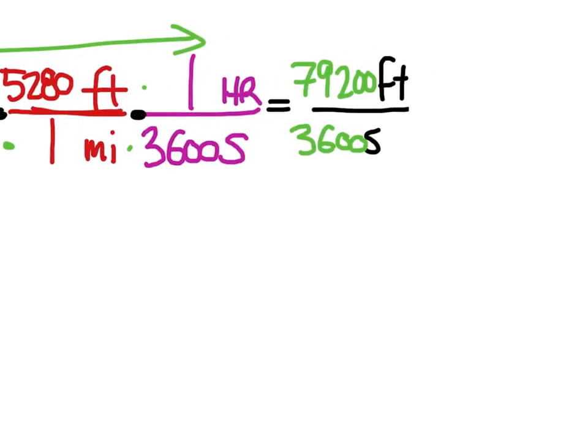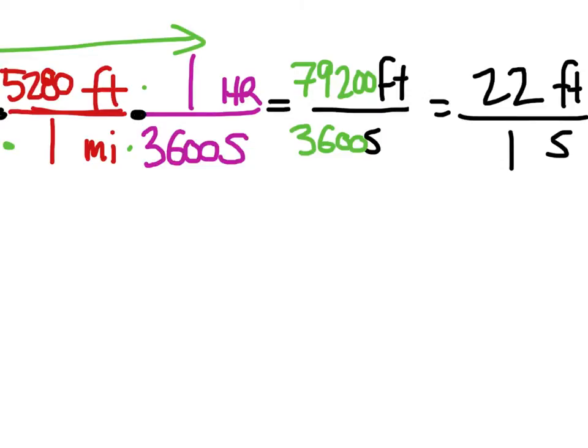On your calculators, go ahead and do that. 79,200 divided by 3,600 is 22 feet per second. Now, in the final answer, the denominator should always be 1 because it's a unit rate that we're finding. So that's why here in the denominator it's 1 second.